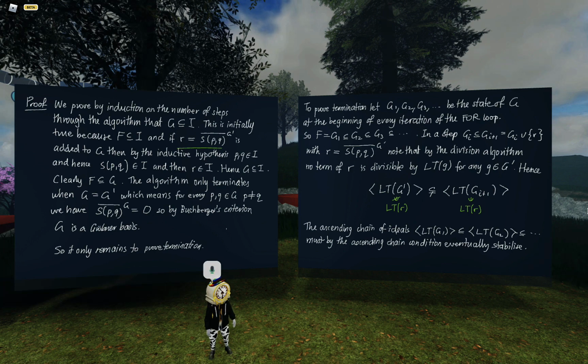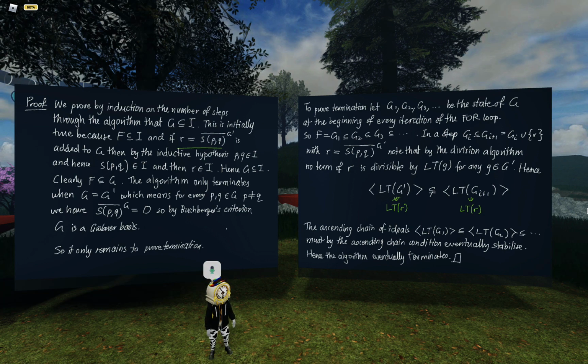Therefore, the algorithm terminates. And by what we said earlier, if it terminates, it's reached a Gröbner basis. So we're done.